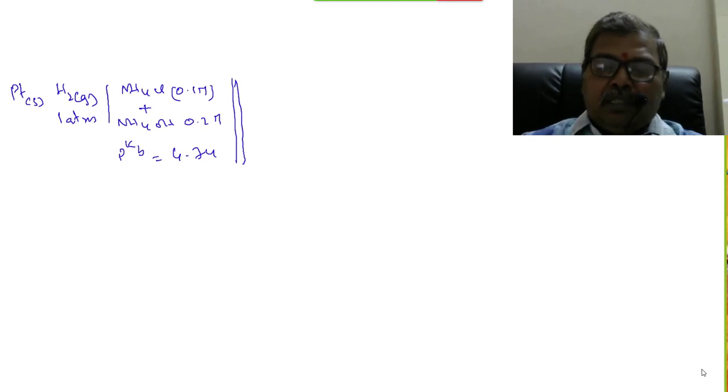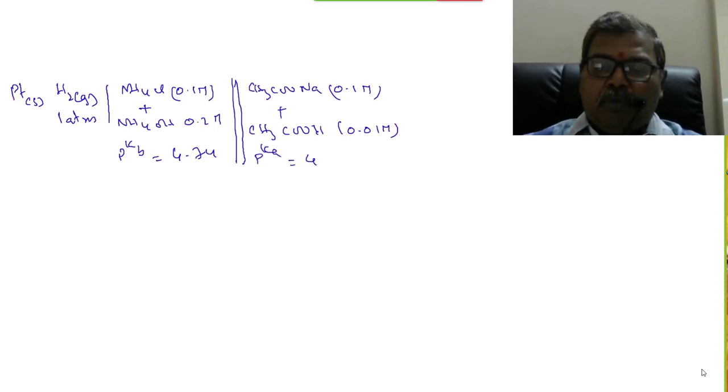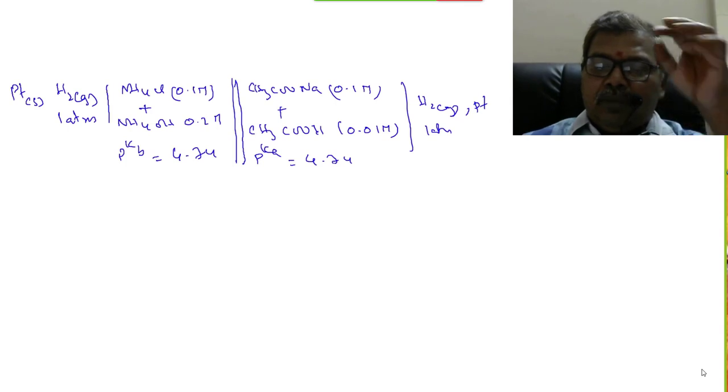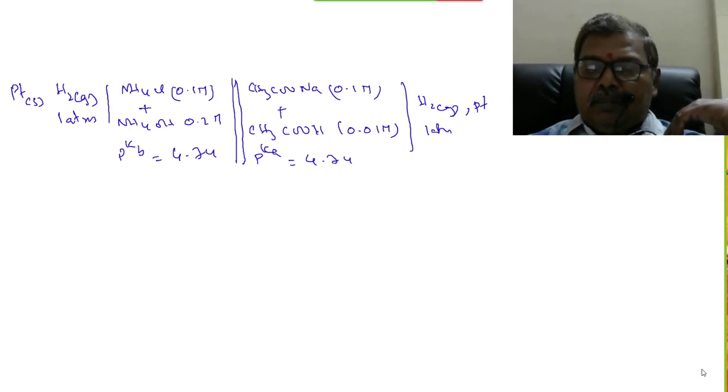Next, CH3COONa 0.1 molar plus CH3COOH 0.01 molar, and pKa of the acid is 4.74. Then hydrogen gas, 1 atmosphere pressure, platinum. So this is the cell representation.